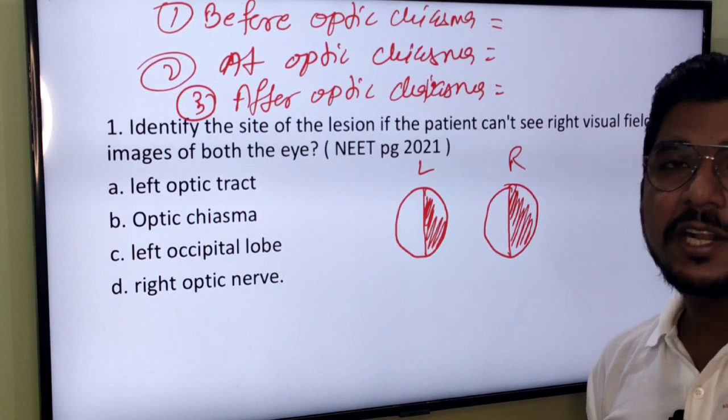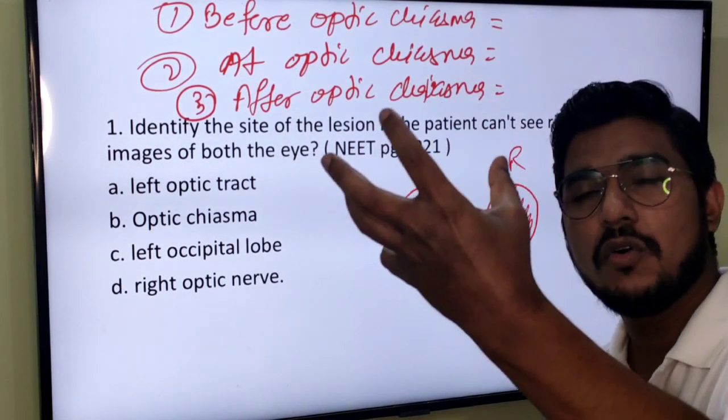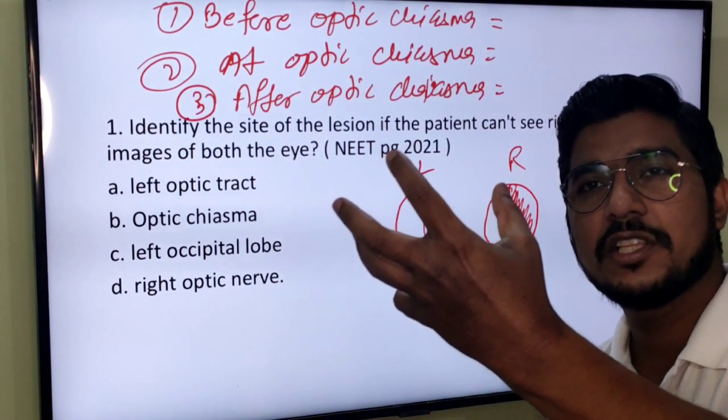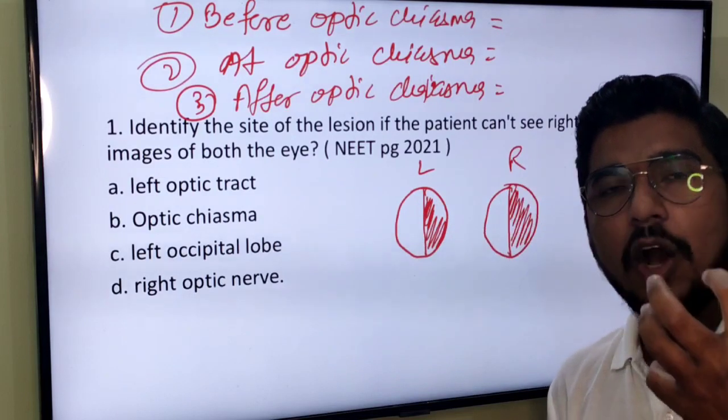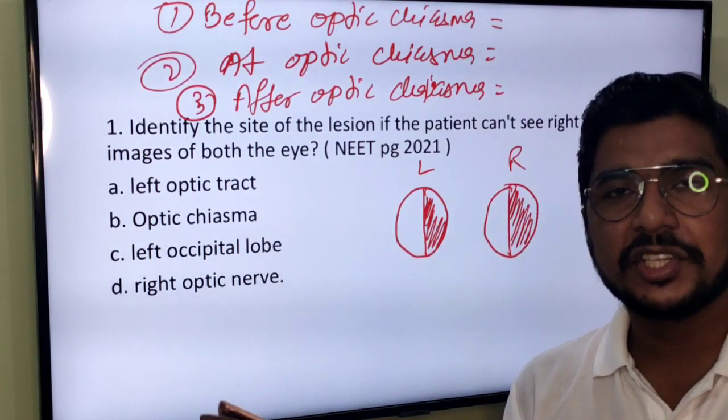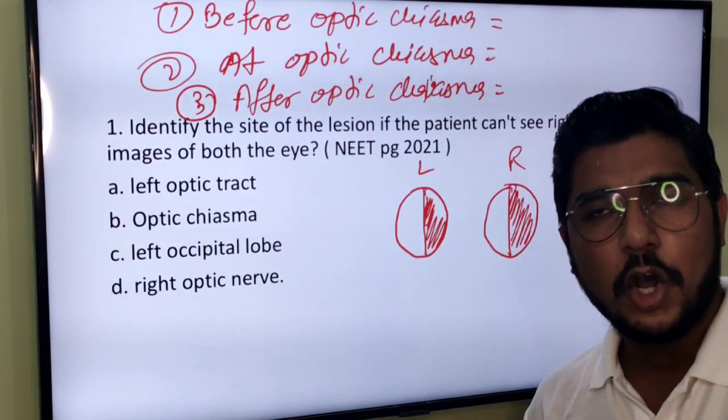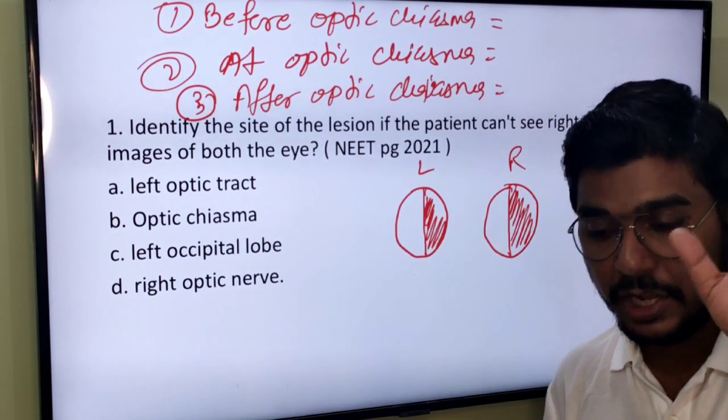You know there is an optic nerve, then the nasal fibers cross over at the optic chiasma, and then there is an optic tract and optic radiations going to the occipital lobe or occipital cortex, the striate cortex.